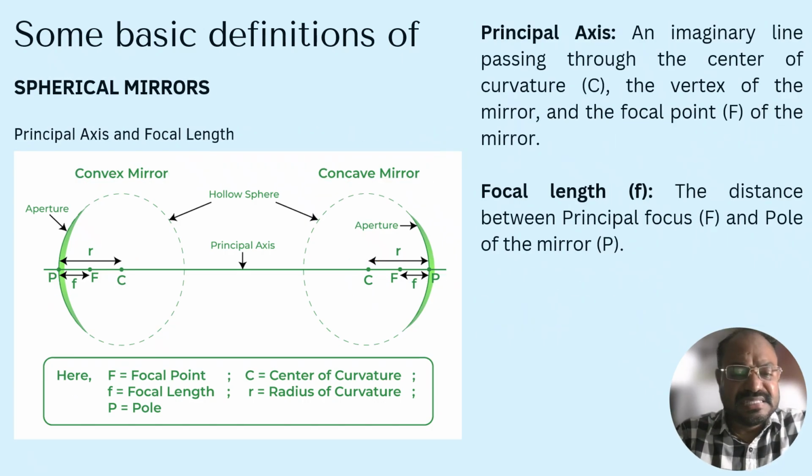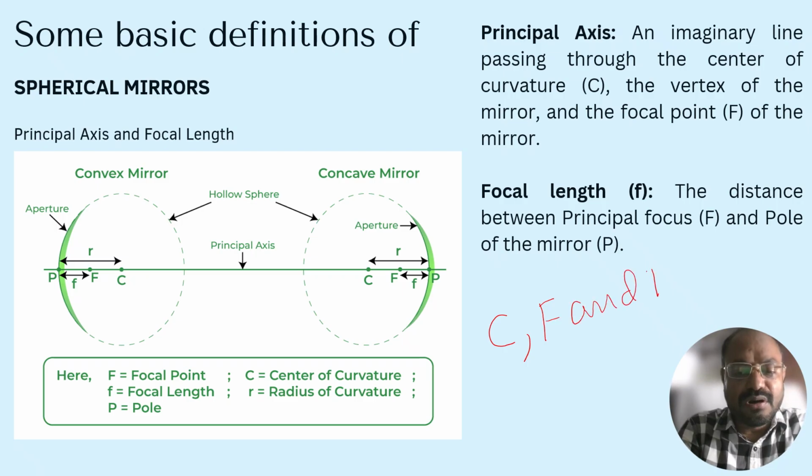Principal axis is an imaginary line passing through the center of curvature C, principal focus F, and the pole of the mirror. If a line joins the center of curvature, principal focus, and pole of the mirror, then it is called the principal axis. What is focal length?